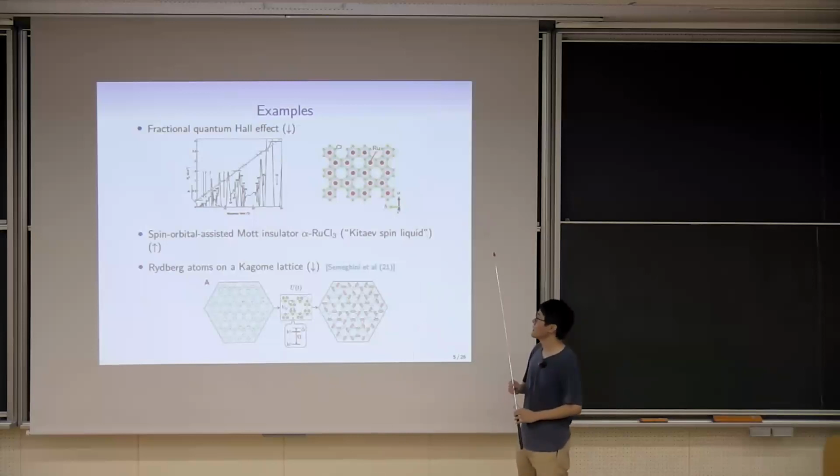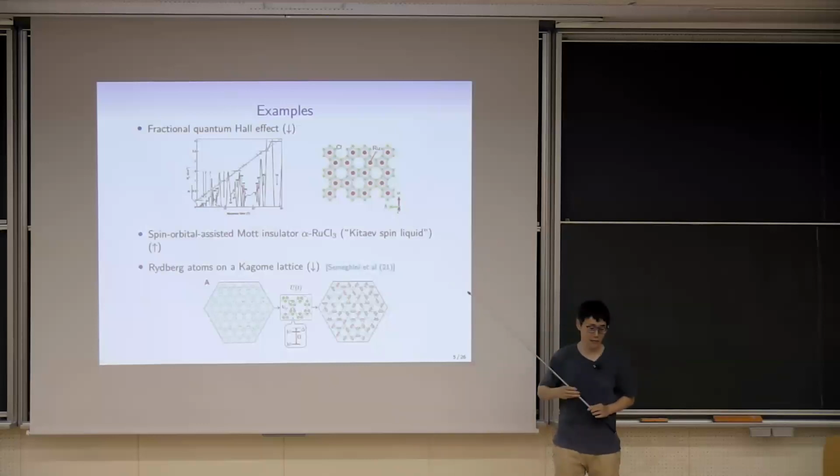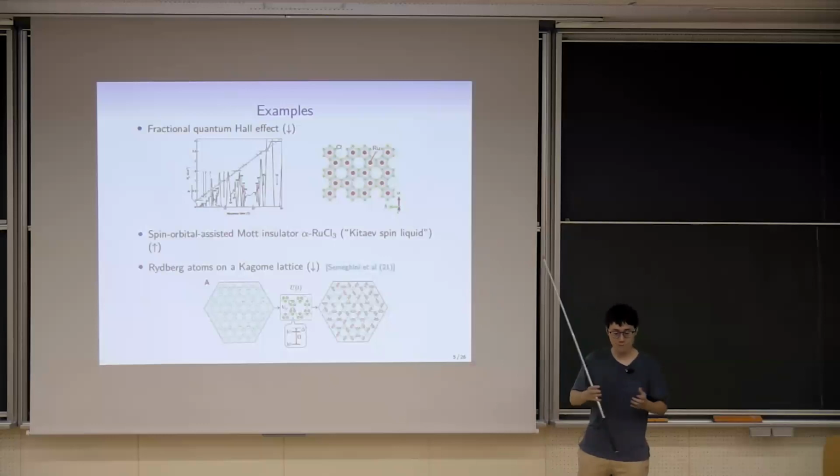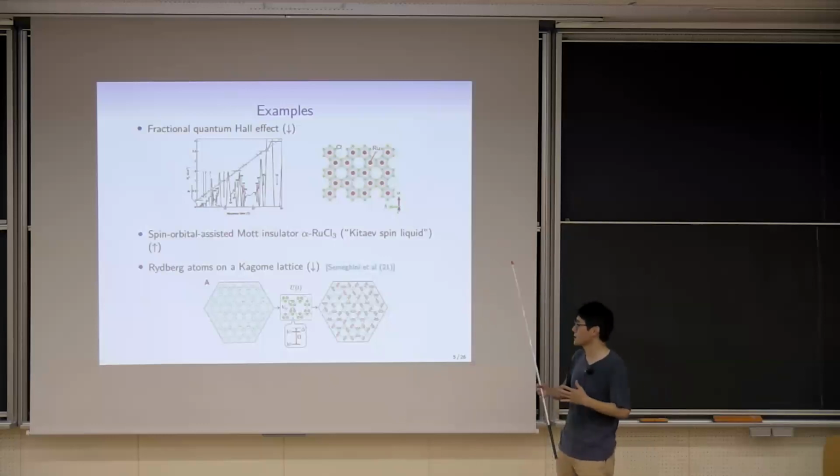I listed two more examples. I think this is the candidate of quantum spin liquid, whose underlying degrees of freedom are interacting spins, but instead of having a symmetry breaking ground state, people speculated.